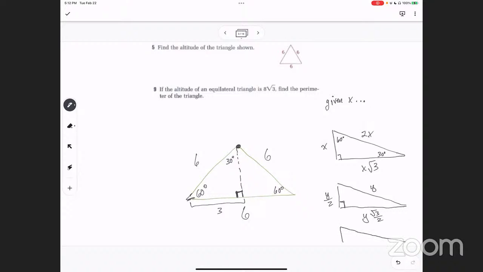And what if you were given the medium length side? I'll call it z. This is the hardest one. If you're given the medium length side, you first have to go to the smallest side. If I went from the smallest side to the medium length side by multiplying by the square root of 3, what's the inverse of multiplying by the square root of 3? Dividing. Good. So this side is going to be z divided by the square root of 3.